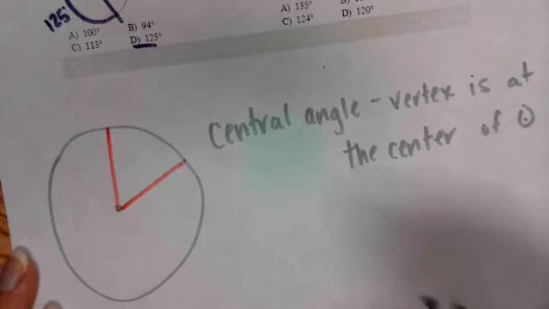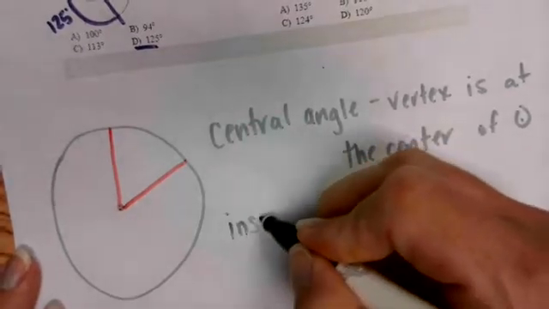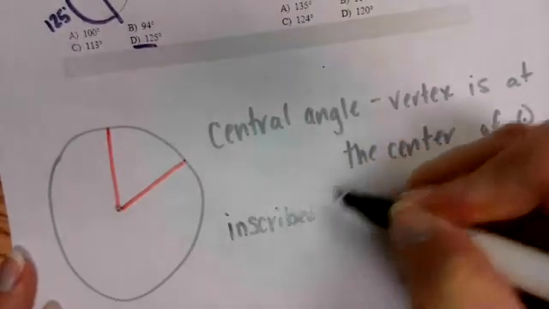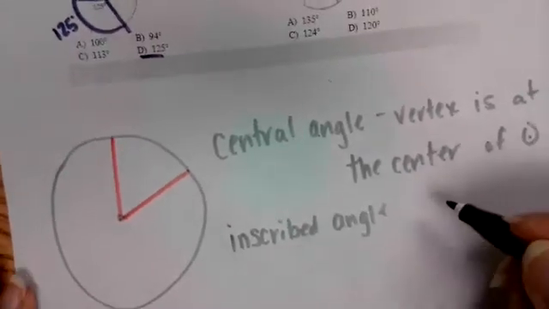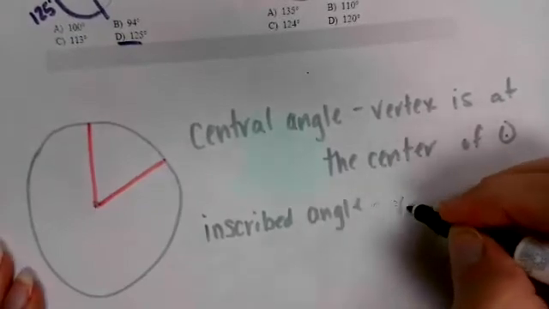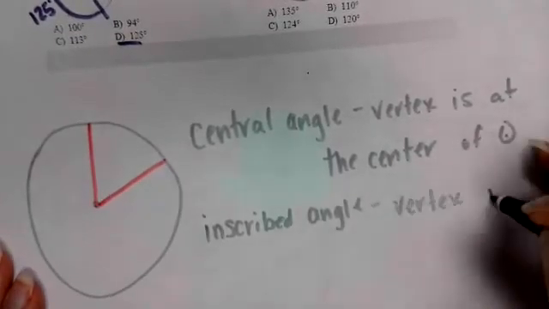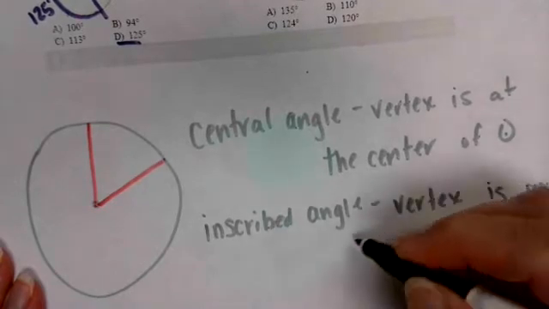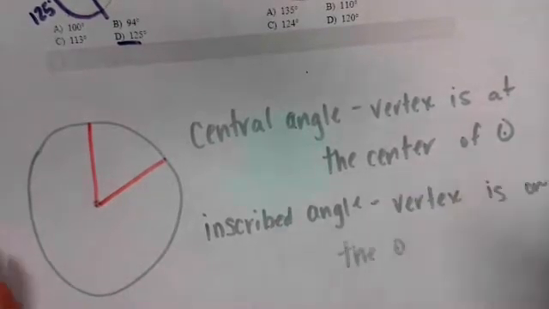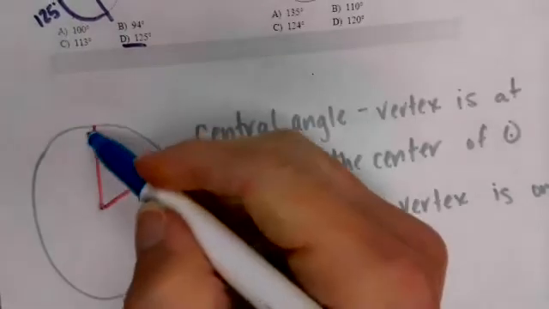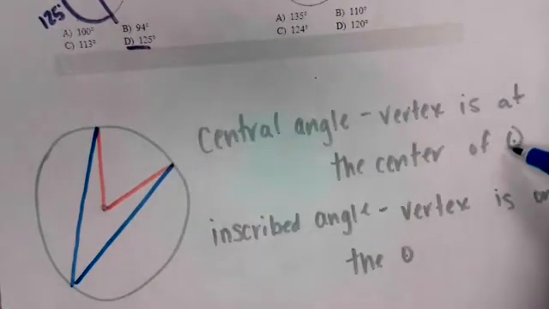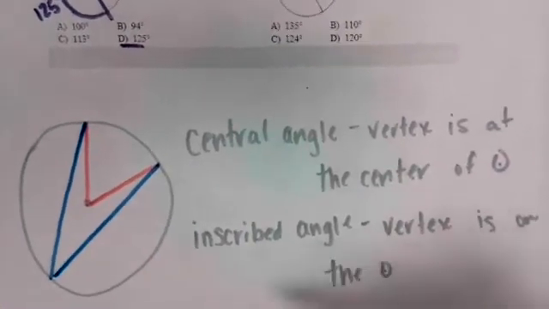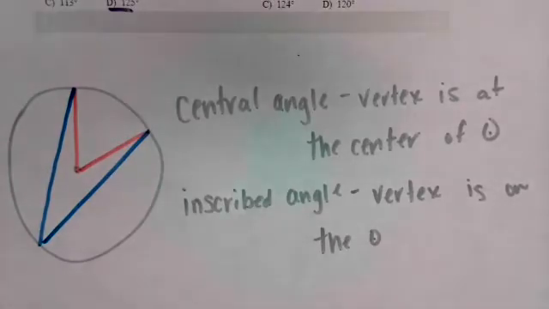And we've discussed inscribed angles, where the vertex is on the circle, like on the side. We learned yesterday that the central angle is the same as the measure of the arc. Today we're going to look at inscribed angles.